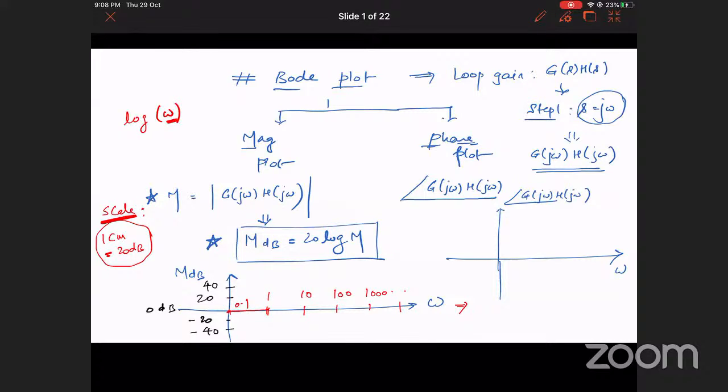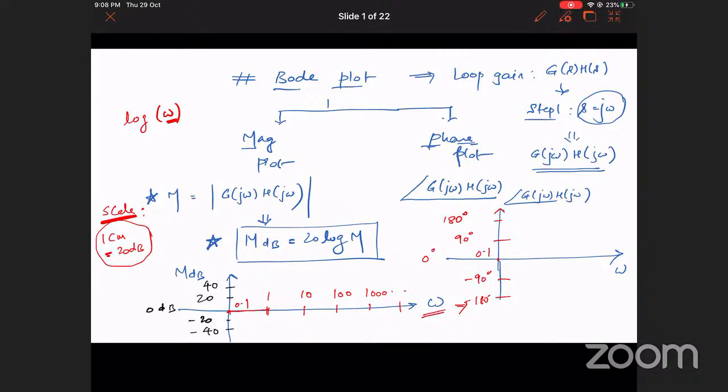Okay, same goes for the phase plot also. On the y-axis we have the minimum value as 0 degree, then let's say 90 degree over here, then 180 degree, and by common sense it would be minus 90, minus 180, and so on. But what remains on the x-axis is the same scenario that we already had over here, right?